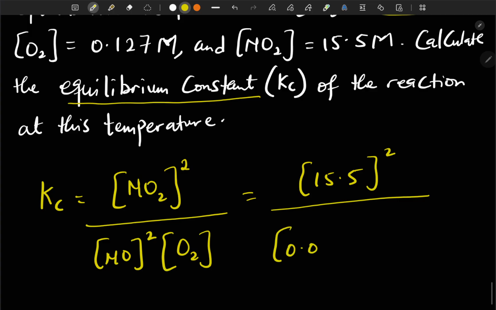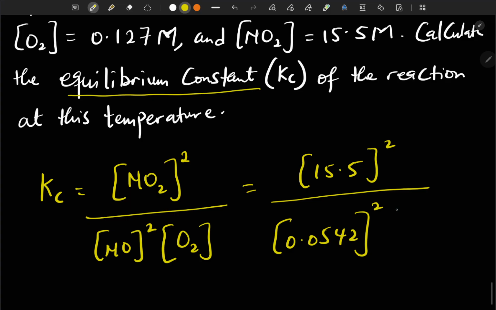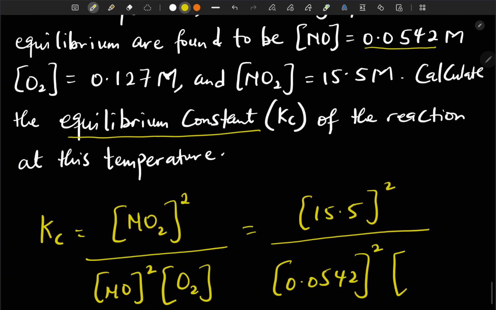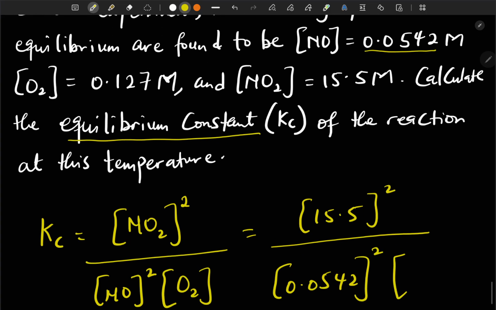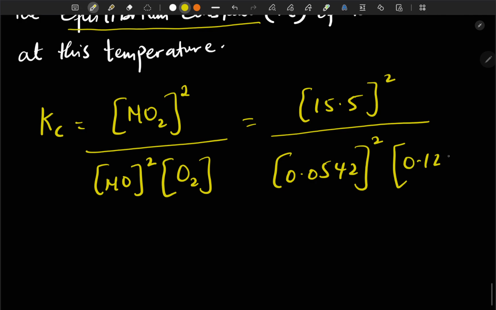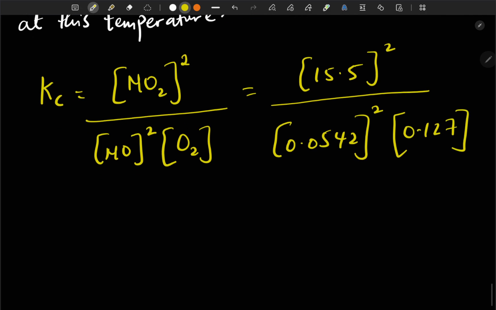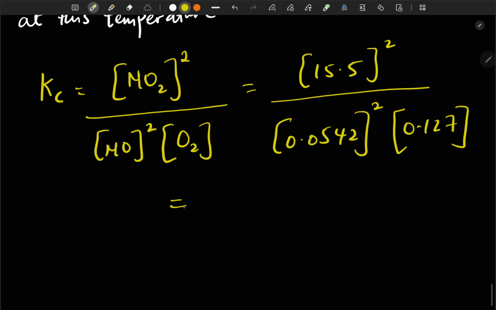So we have 0.0542 raised to the power of 2 multiplied by the concentration of oxygen, 0.127 raised to the power 1. So we can solve this.